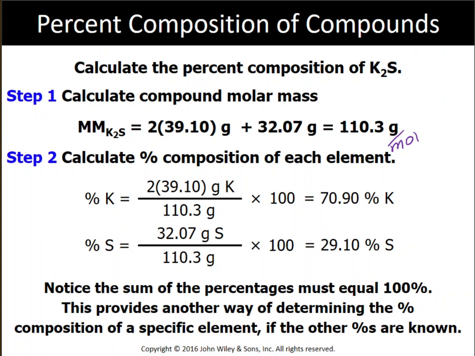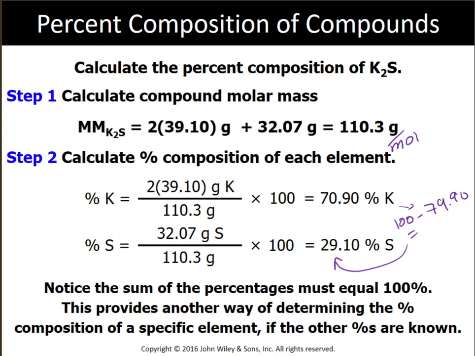We could always keep in mind that the sum of percent composition should add up to 100%. So if you have the percent composition of potassium, you could just do 100 minus 70.90, and that would give you 29.1% sulfur. So this is just another way of finding the percent composition of the other element in your compound.